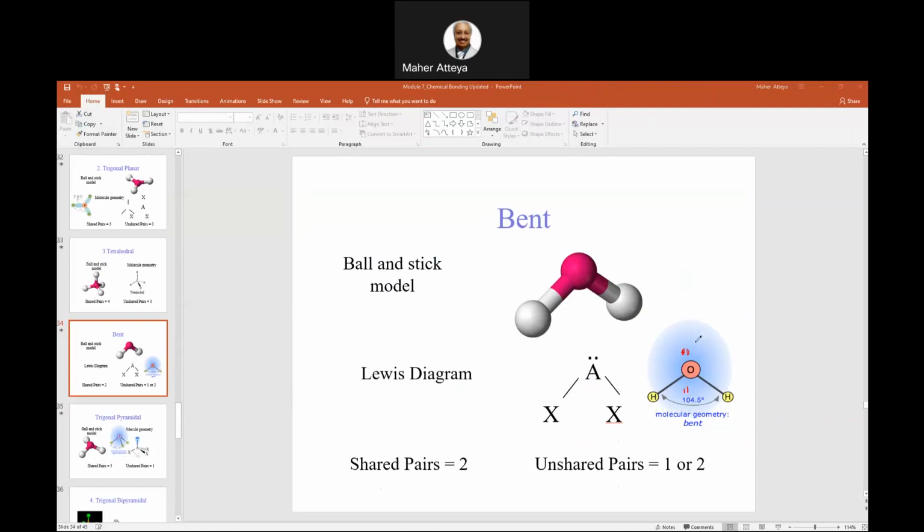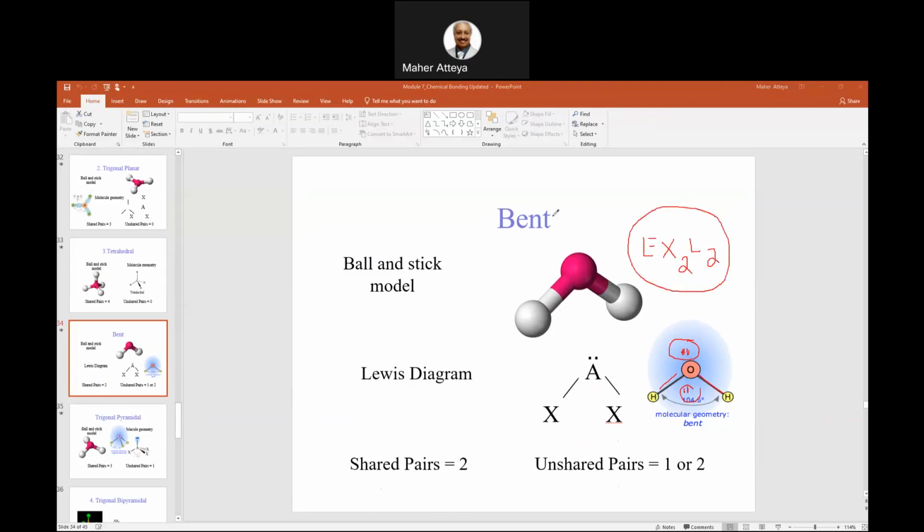Correct. So how many lone pairs? 1 and 2. Correct. How many regions do we have? 2 sets of lone pair and then single bond, 2 of them. So we have E, X, 2 terminals, 2 hydrogens, X2. How many lone pairs? L, we have 2 sets.